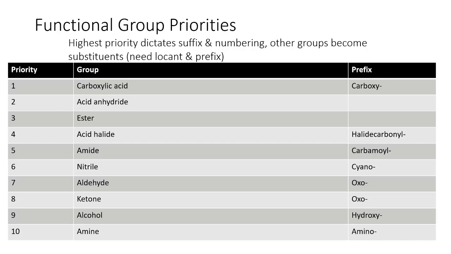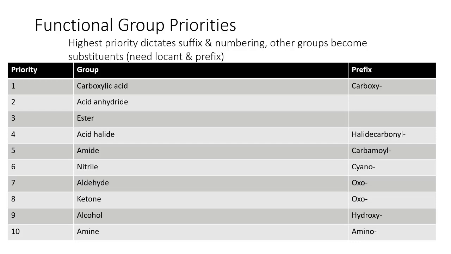Priority number 2 is going to be an acid anhydride. We do not have a prefix for an acid anhydride because it will typically always be your suffix functionality. We do also then have our esters, which again we do not have a prefix that is commonly used for an ester because we have that alkyl alkanoate type of naming.